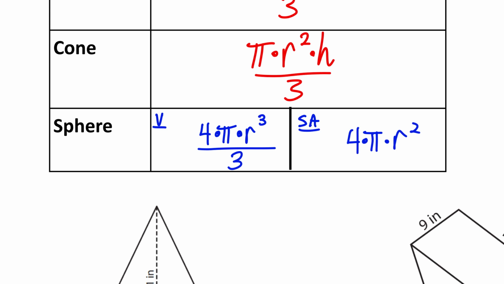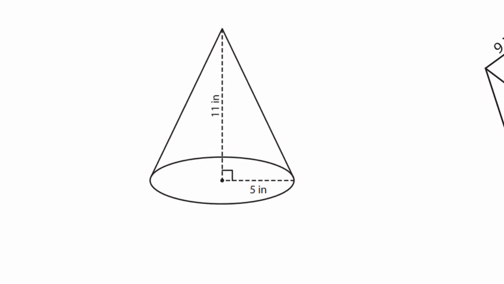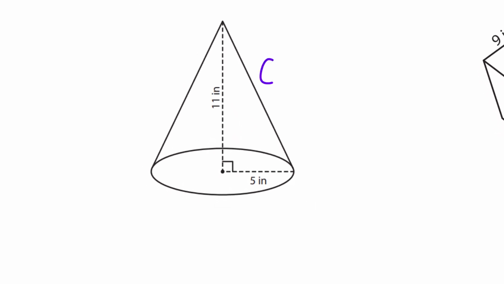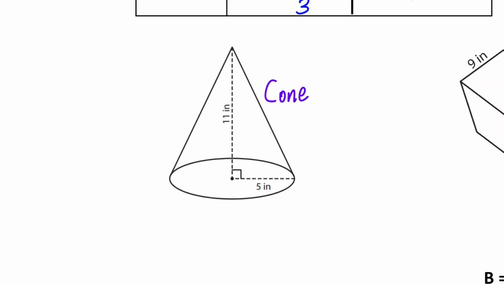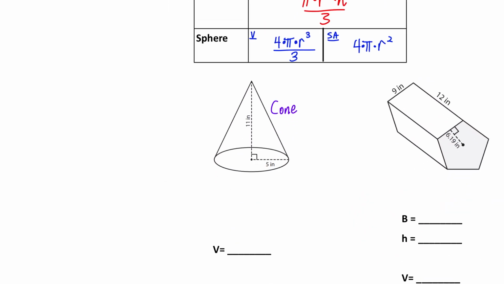Okay. So on this one, what is this first 3D shape here? It's a cone. Okay. So for this cone, very simple, just pi r squared times h divided by 3.